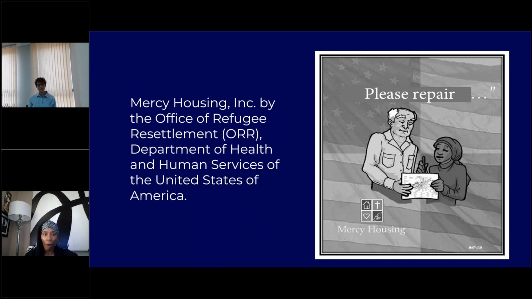They have this awesome pamphlet of how a newcomer, or someone who has a language barrier with their landlord, can explain the repair, and it does it with pictures. I want to show you this so you can see what it looks like. I highly recommend this if you're working with a newcomer.